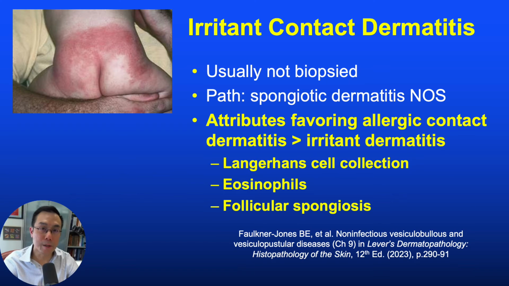And looking at it from the other perspective, features that favor allergic contact dermatitis over an irritant contact dermatitis would be the Langerhans cell collections, as we've discussed, and also eosinophils, and also, interestingly, the presence of follicular spongiosis.